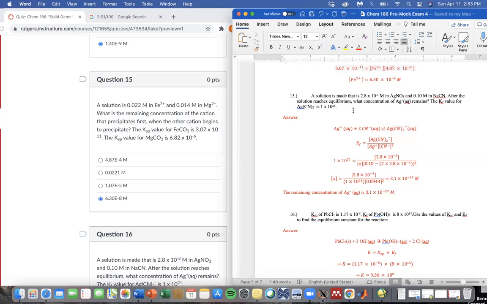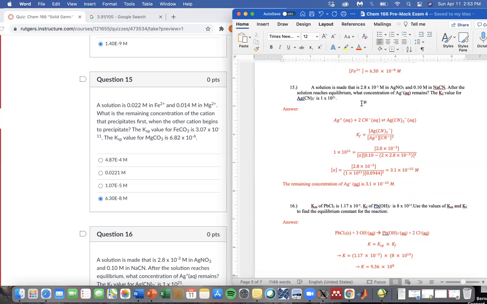Gotcha. Yeah. So this is kind of the transition from KSP. The first 14 questions were all about KSP, and now we transition into KF here. If you remember, KF is when you're forming those complex ions. In this case, we're given a solution that has 2.8 times 10 to the negative 3rd molar AgNO3, and that's 0.1 molar in sodium cyanide.